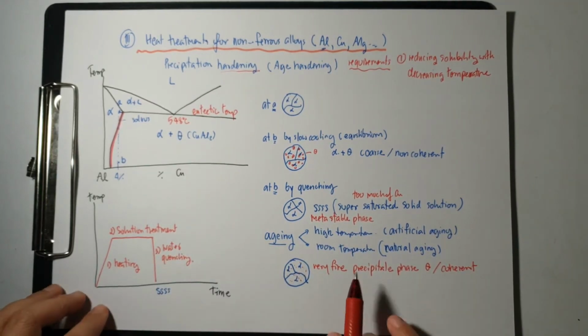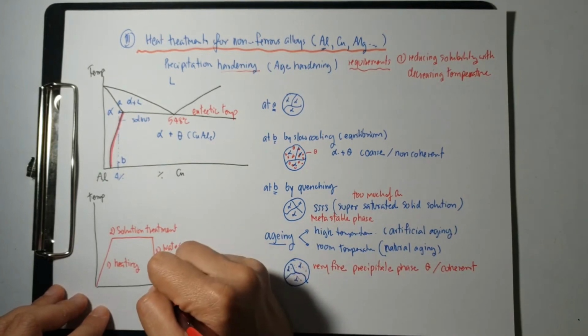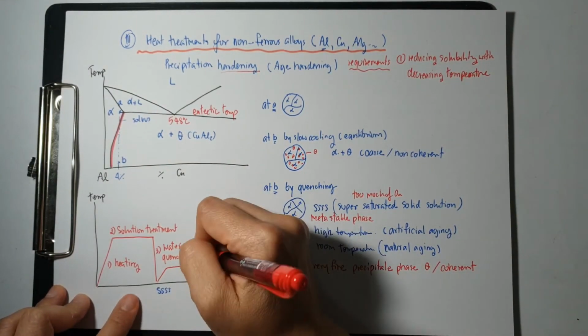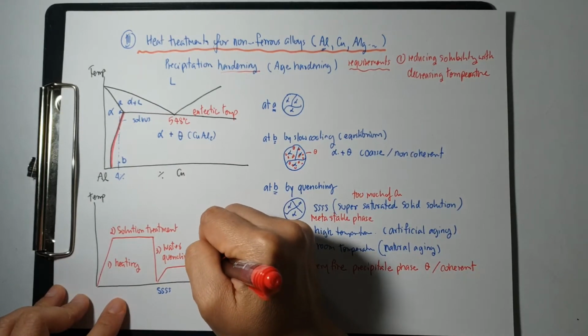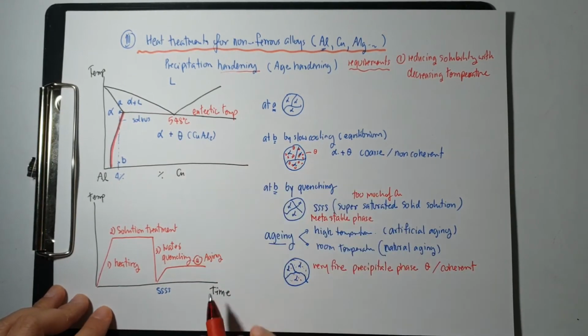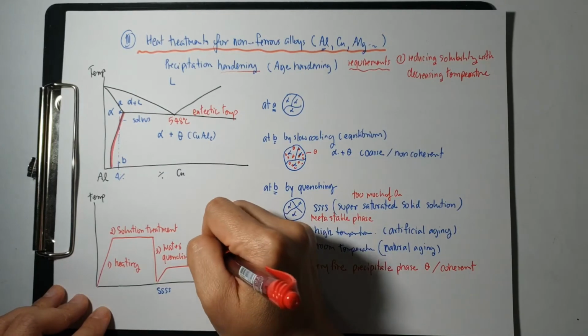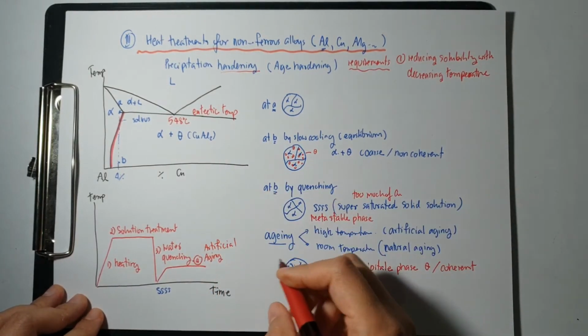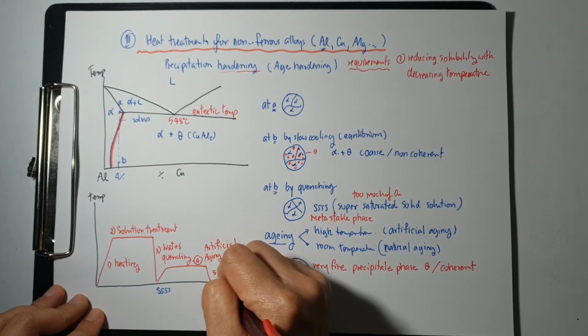Then we have to help it a little bit with high temperature aging. For the fourth step, we entering aging at high temperature. It is the artificial aging, and then cooling.